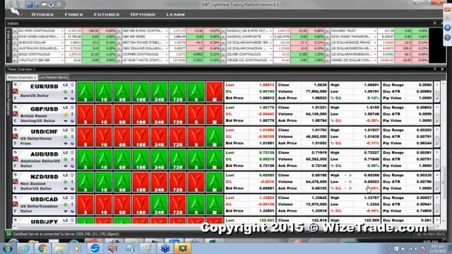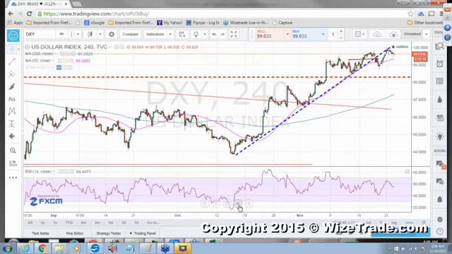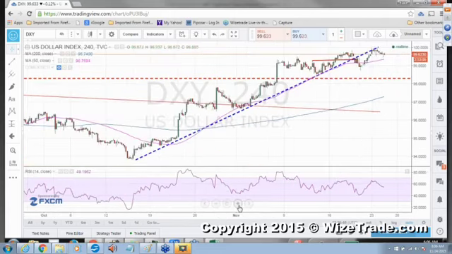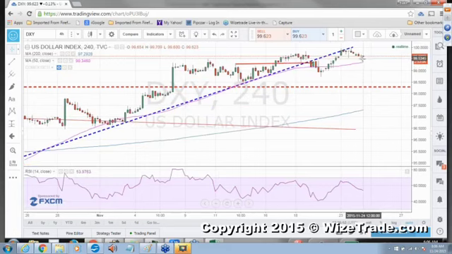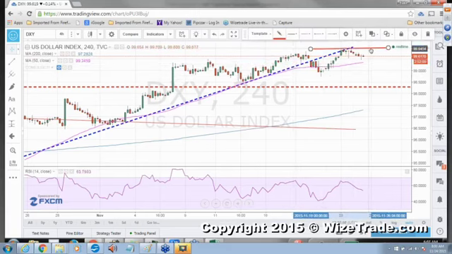Let's go DXY. All right. Here's the dollar index. 100 is still that resistance. 100 is resistance, support.